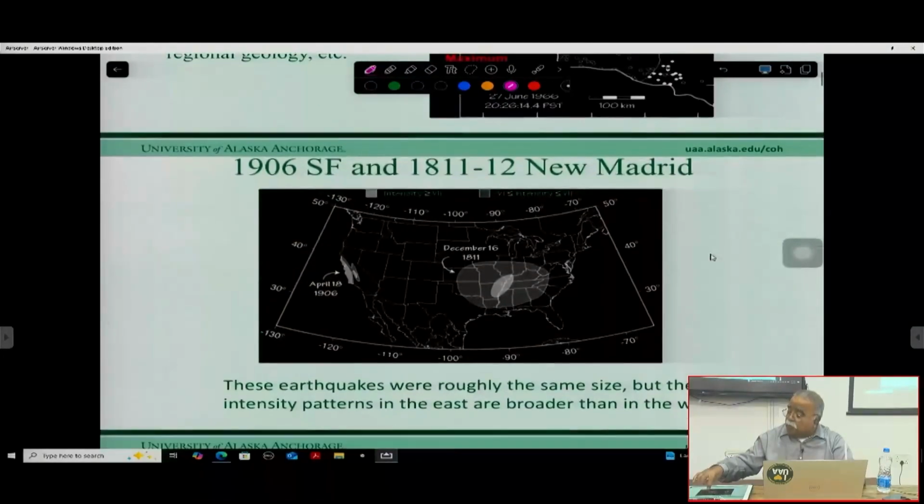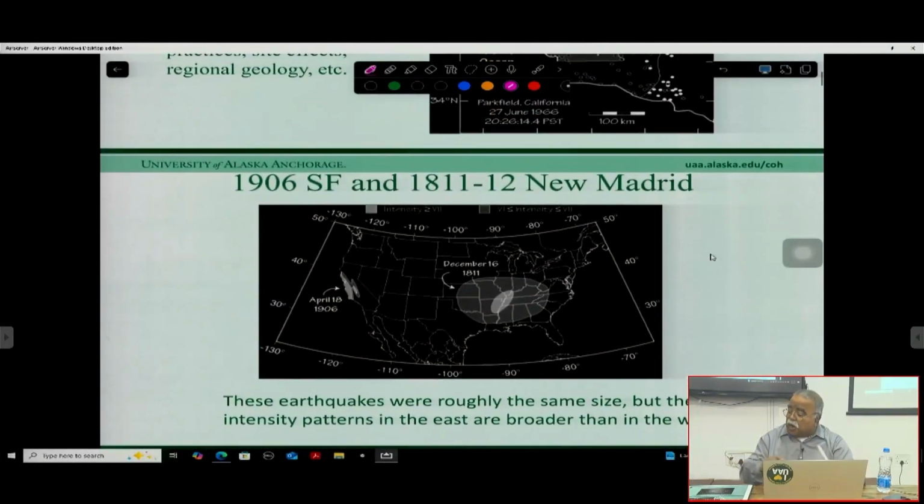Now, if you compare the two earthquakes, this is what I was trying to say. One is the 1906 San Francisco earthquake, and the other is the 1811 or 12 New Madrid earthquake in the central part of America. You can see here, both of these earthquakes are of the same size, right? Magnitude wise, they are of the same size.